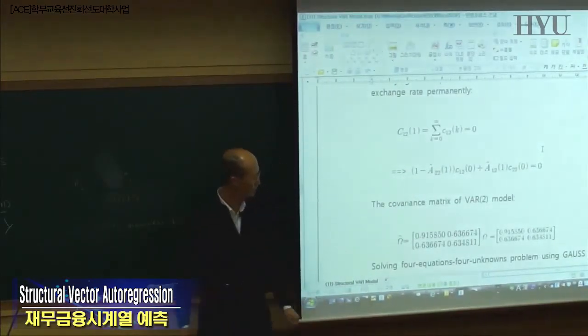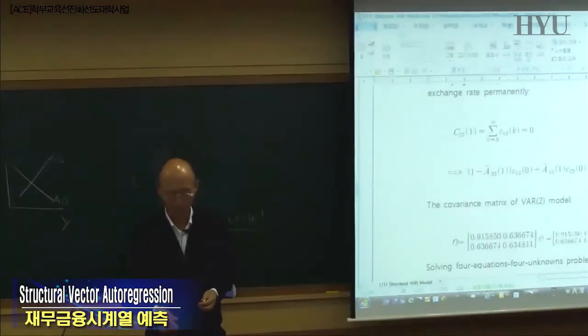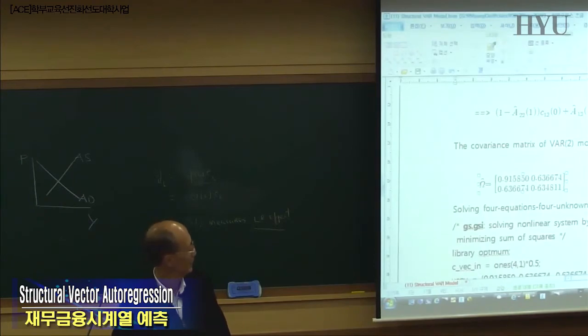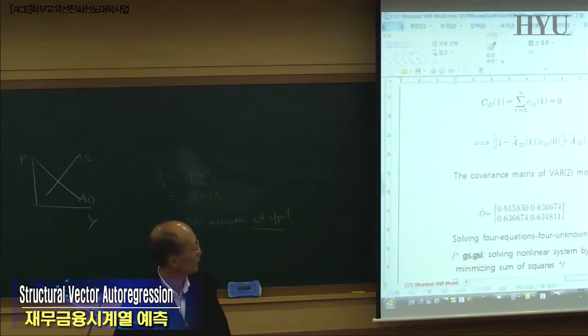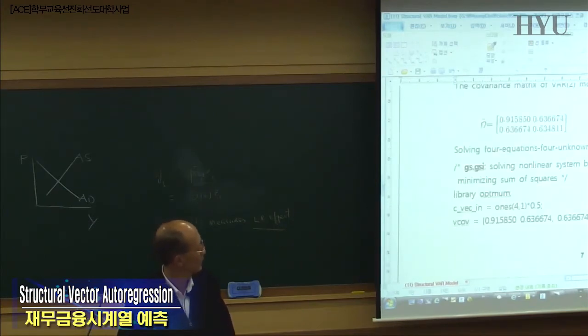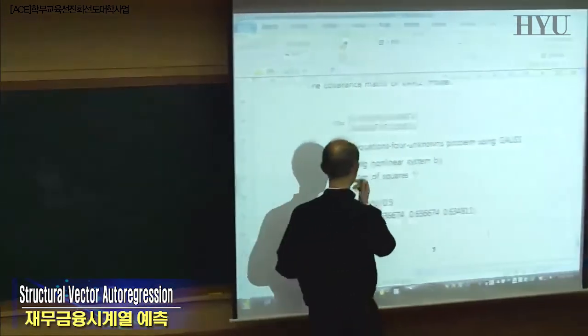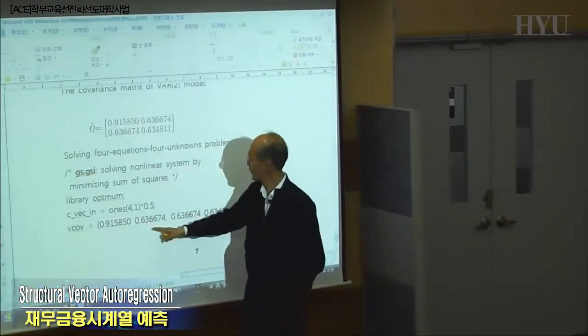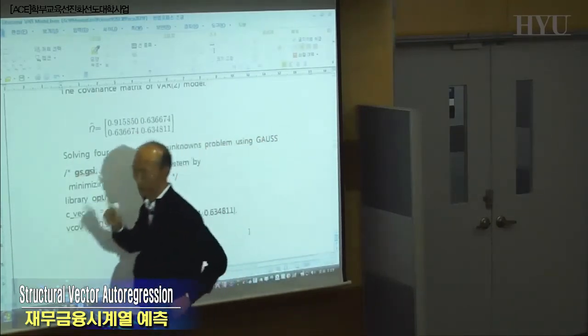And the covariance matrix is this one. So we have this equation, the fourth equation, and three more equations that are related to these three numbers. There's a covariance matrix there, this one.